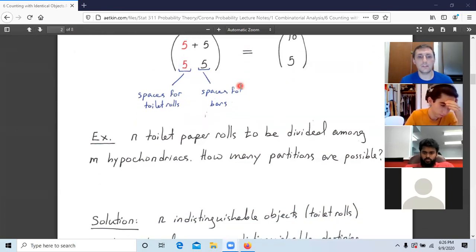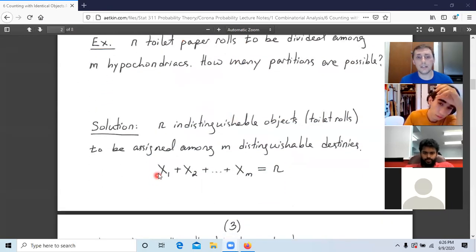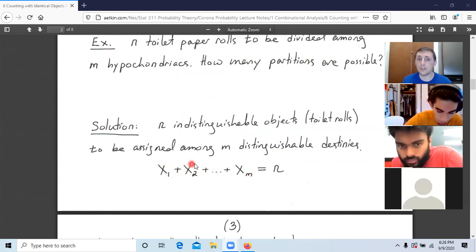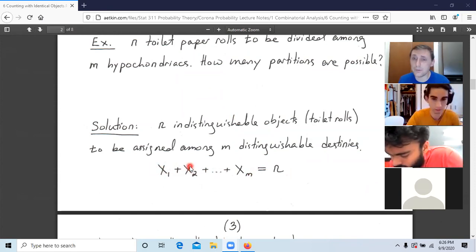Let's see the solution. Again, we are interested in the number of non-negative integer solutions to this equation, where each x represents the number of toilet paper rolls attributed to that particular label, right? So how many toilet paper rolls does person number 2 get, etc.